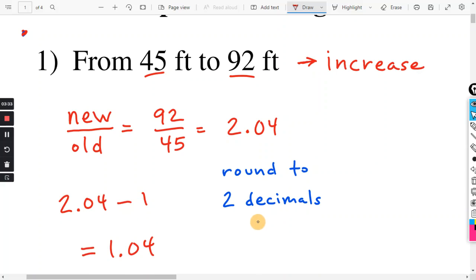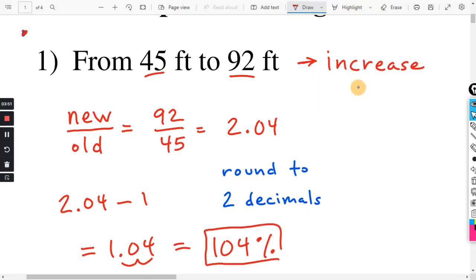All right, and finally, converting it to a percentage, you move the decimal over 2 places, and 1.04 becomes 104%. Okay, so this is increased by 104%.